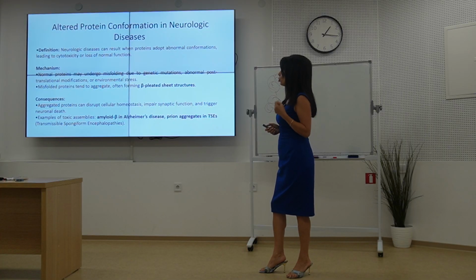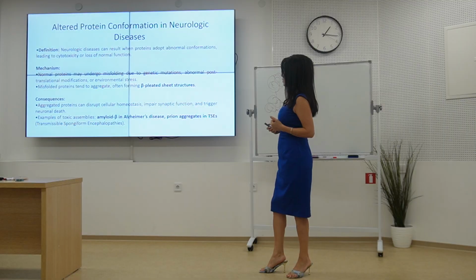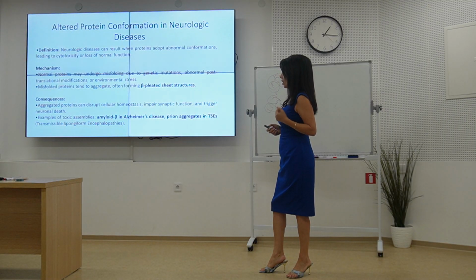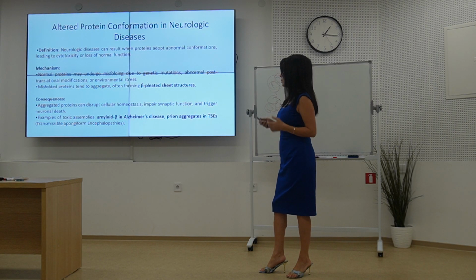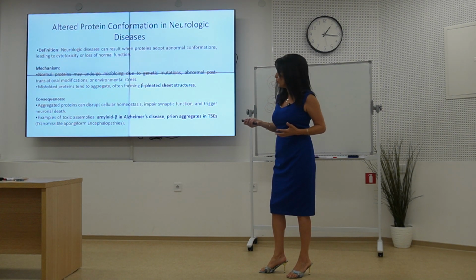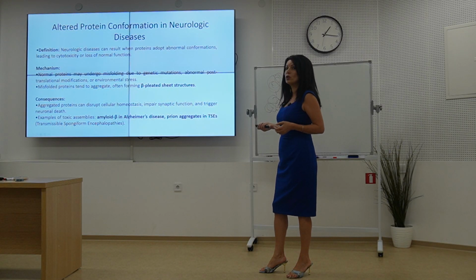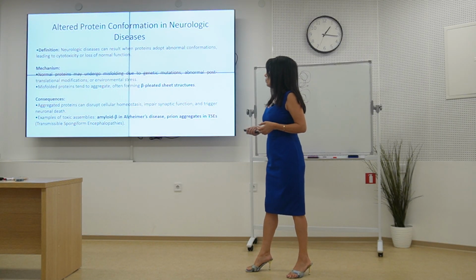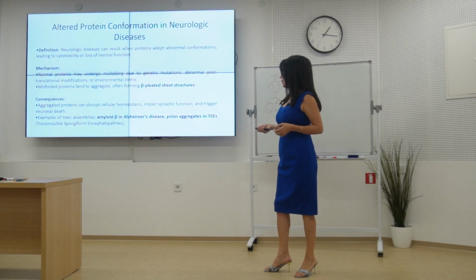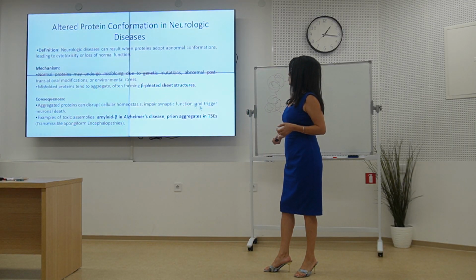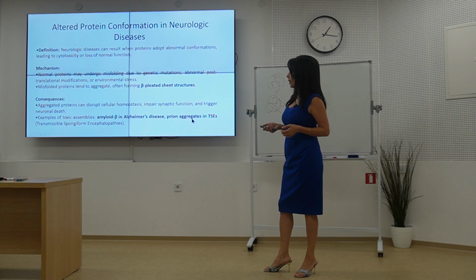Misfolded proteins tend to aggregate, often forming beta-pleated sheet structures, and the consequences will be disruption of cellular homeostasis, impaired synaptic function, and triggering of neuronal death. Examples are Alzheimer disease and so-called prion diseases like TSE, which is transmissible spongiform encephalopathies.